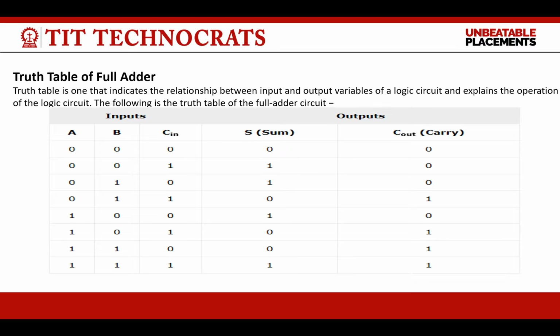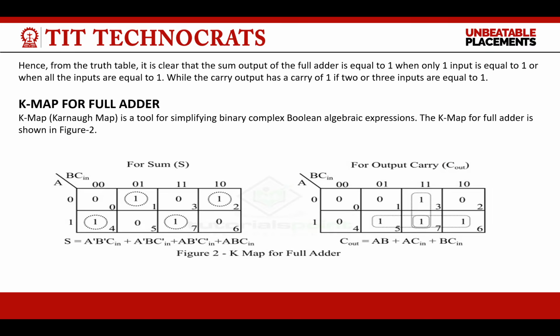If I add 0 plus 0 plus 1, I receive sum 1, carry 0. 0 plus 1 plus 0, sum 1, carry 0. 0 plus 1 plus 1, sum 0, carry 1. 1 plus 0 plus 0, sum 1, carry 0. 1 plus 0 plus 1, sum 0, carry 1. 1 plus 1 plus 0, sum 0, carry 1. 1 plus 1 plus 1, I get sum 1 and carry 1. This is how we can design the truth table of the full adder circuit.